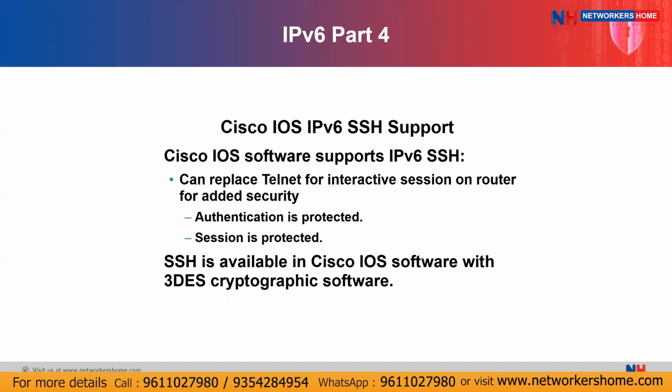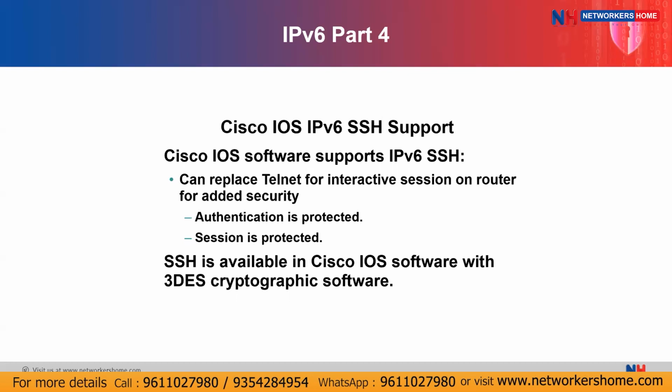Same for SSH support. Cisco IOS software supports IPv6 SSH. Secure Shell can replace Telnet for intra-site sessions on the router for added security. Authentication is protected and the session is protected, because in Telnet all the information we want to share with the remote endpoint remains in plain text.